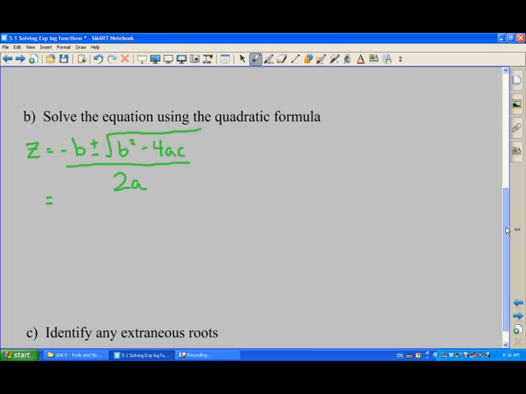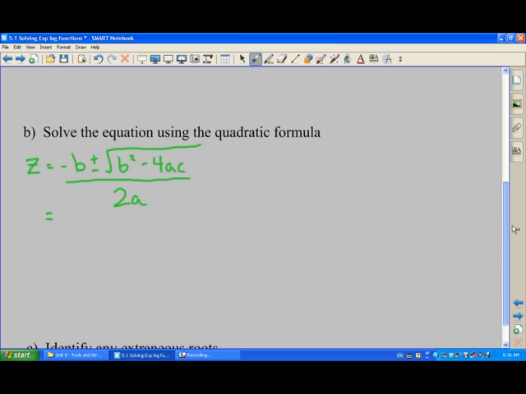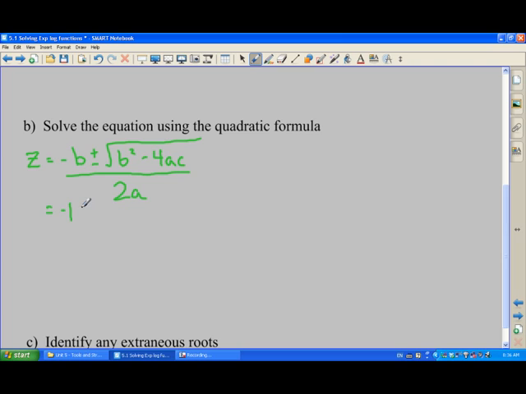So plugging in the values that I've identified, a is 1, b is 1, and c is negative 6, I have negative 1 plus or minus the square root of 1 minus 4 times 1 times negative 6 all over 2.